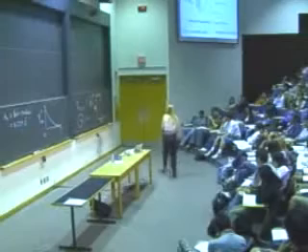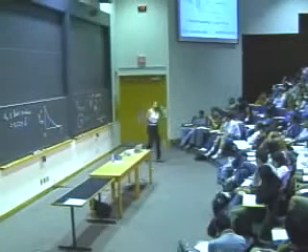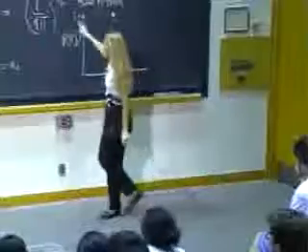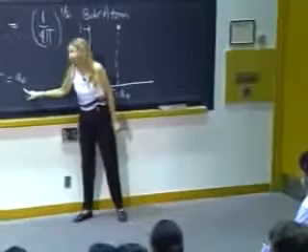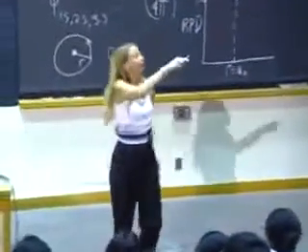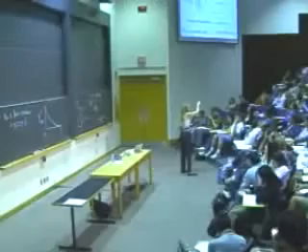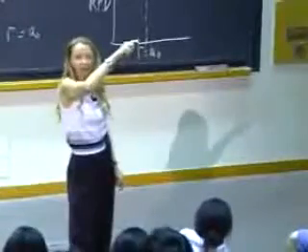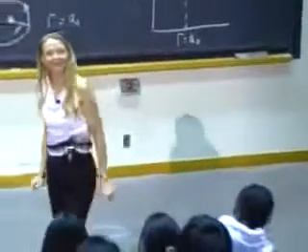Okay. But anyway, this value a0, that's why it's called the Bohr radius. And then it turns out, quantum mechanically, that the most probable value of r is in fact exactly a0. Okay?